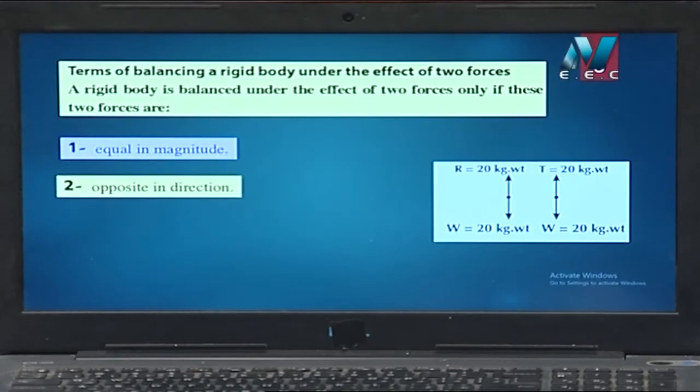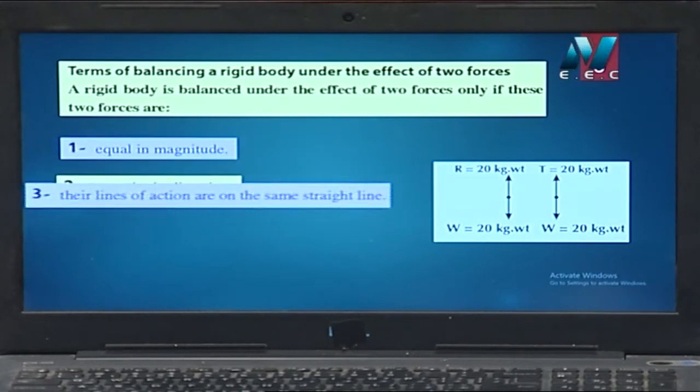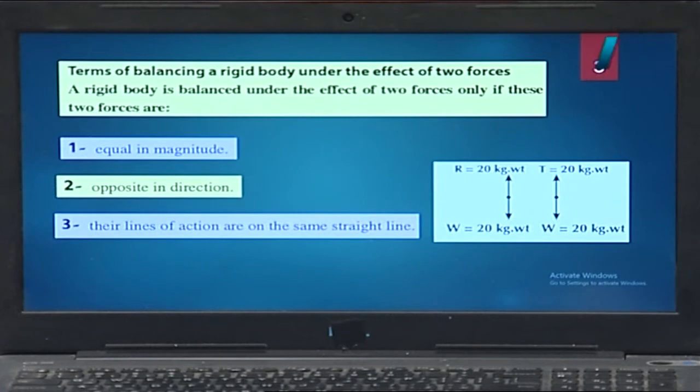Upward, downward, equal in magnitude, opposite in direction, and they have the same line of action.